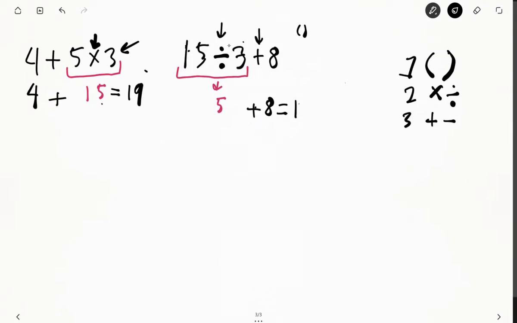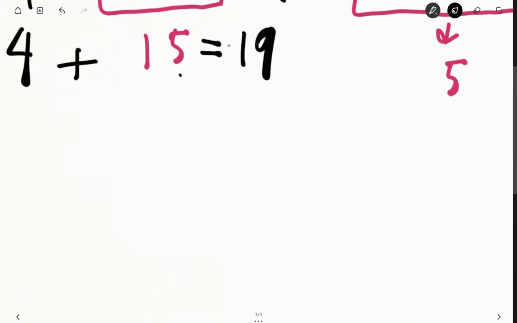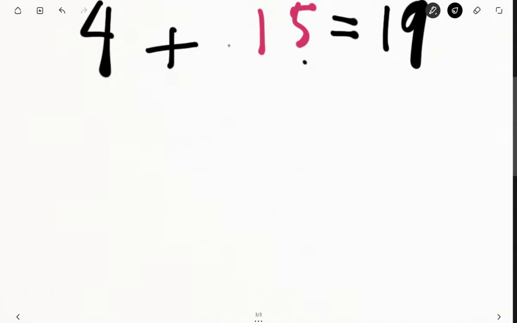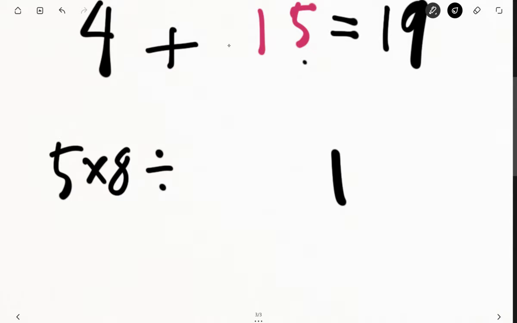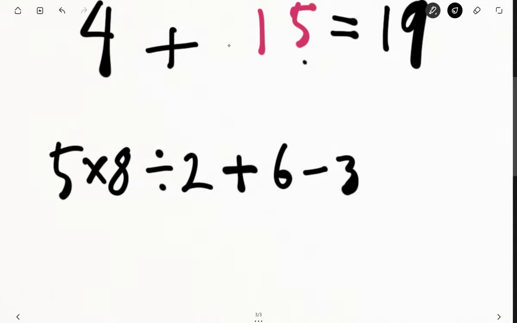Let's do another example. In this example, we're going to make sure that there's a lot more types of math operations. So we're going to do 5 times 8 divided by 2 plus 6 minus 3.